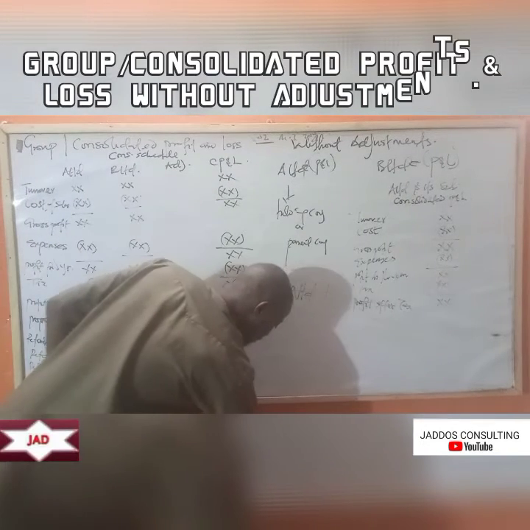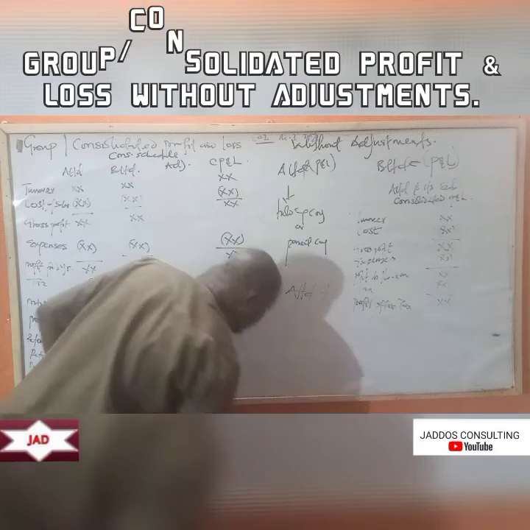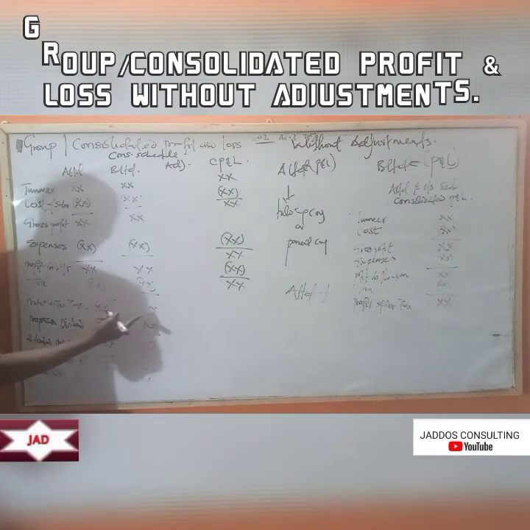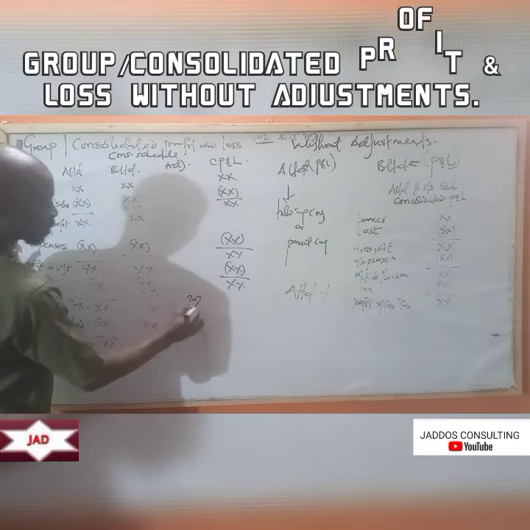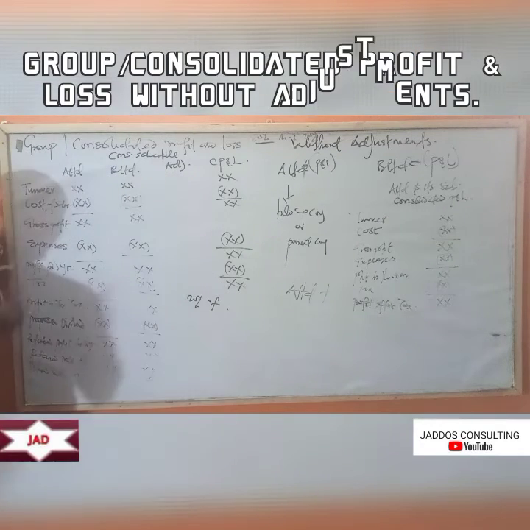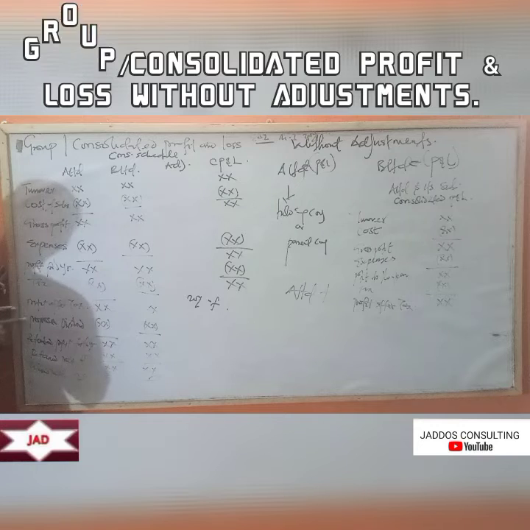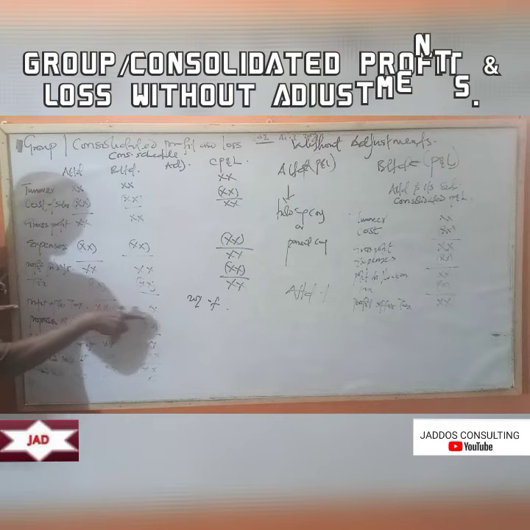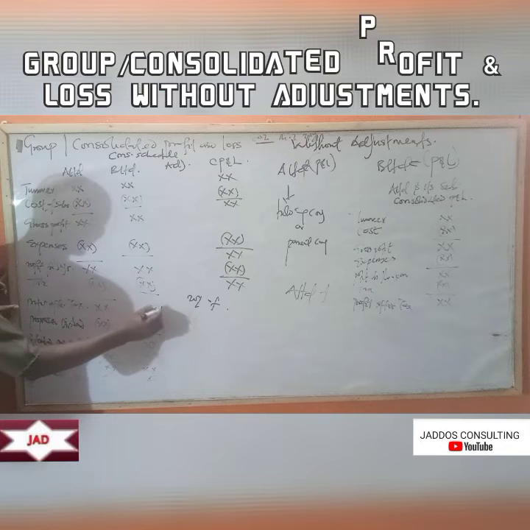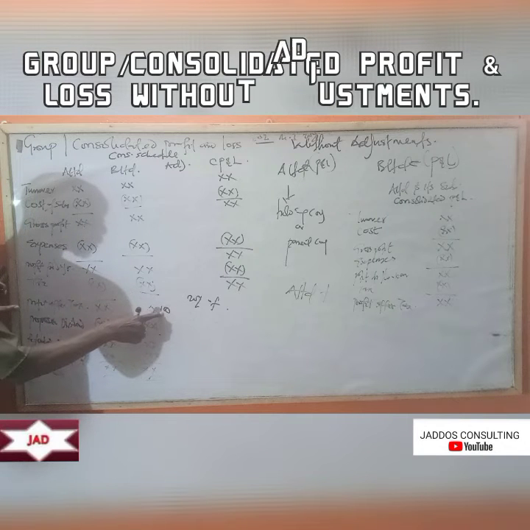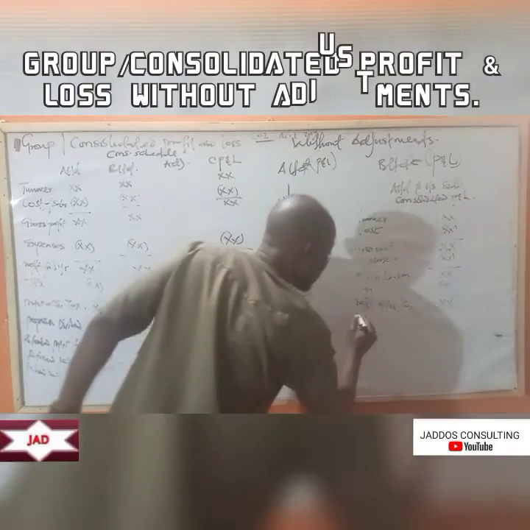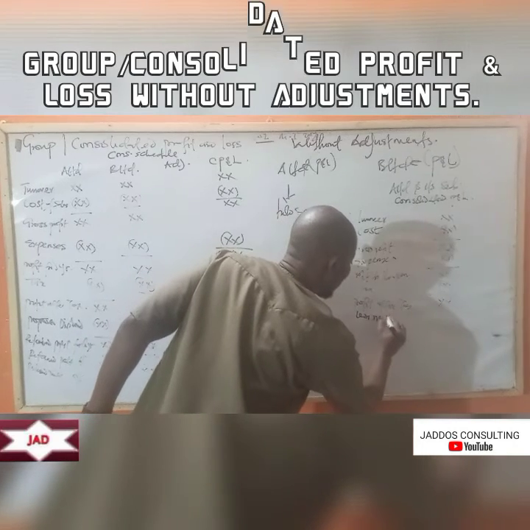So you're going to take out 20% of this profit after tax of the subsidiary. If it is 100, then 20% of this, bring it out here. So we say less minority interest.